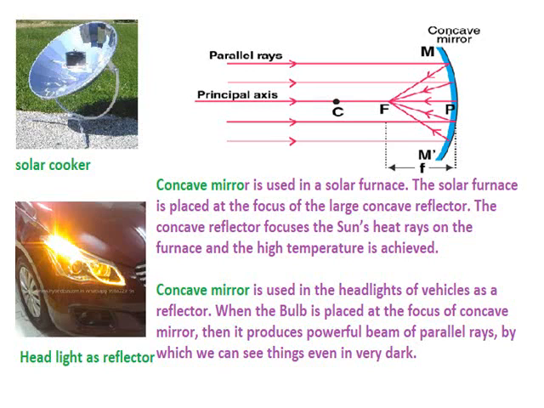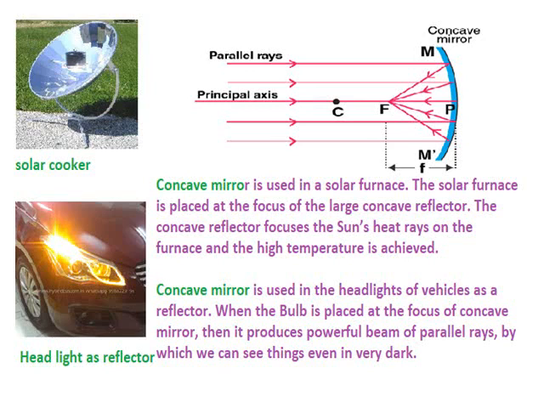When the bulb is placed at the focus of the concave mirror, then it produces a powerful beam of parallel rays by which we can see things even in the dark. So these are the two applications when the object is kept at F of a concave mirror.